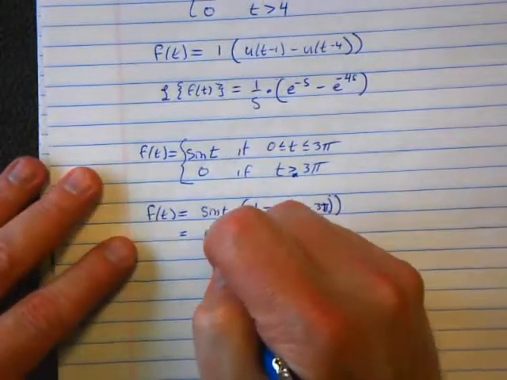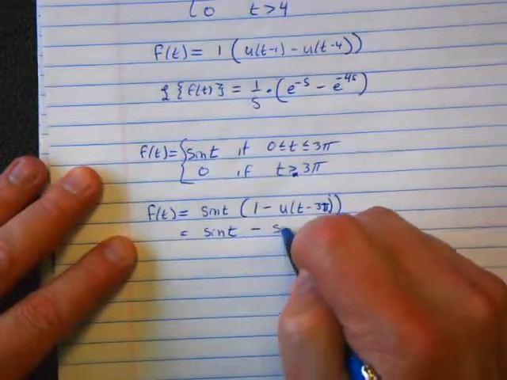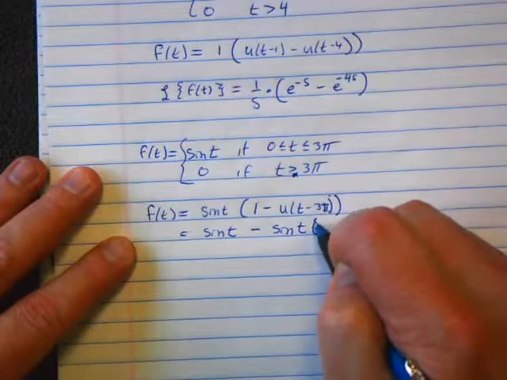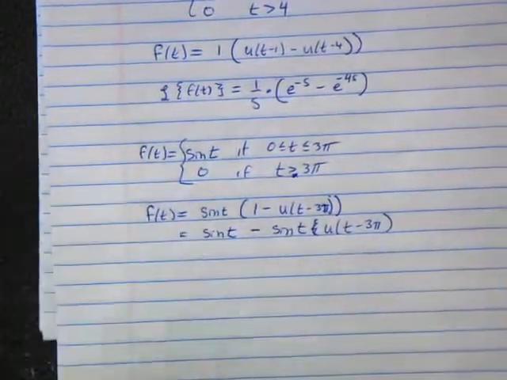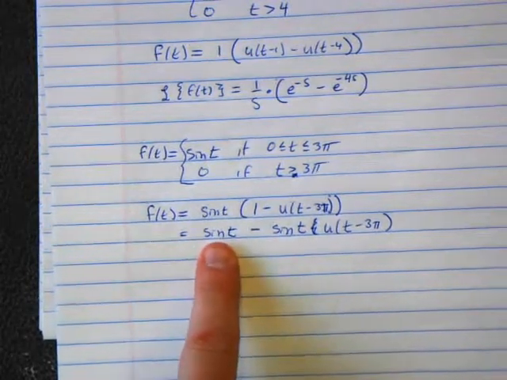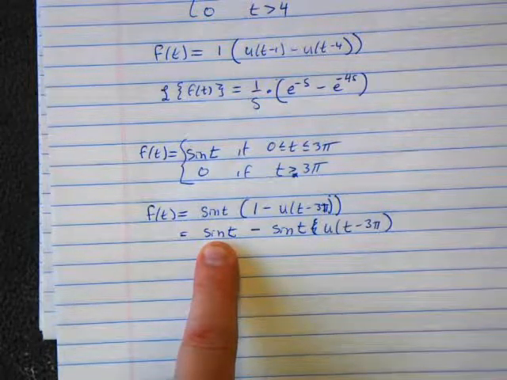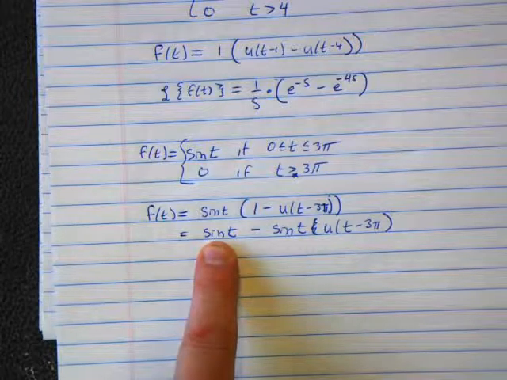So that's sine of t minus sine t u of t minus 3 pi. Do we know the Laplace transform of sine of t? Yes, it's 1 over s squared plus 1.